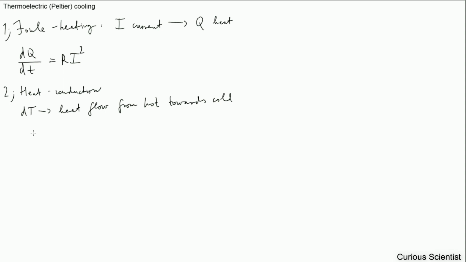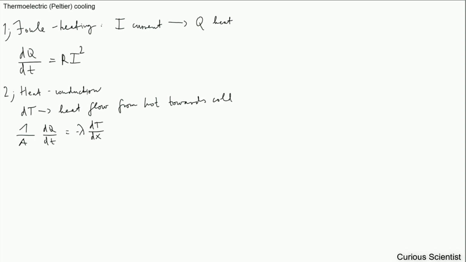If you have a surface area, because the heat is flowing through a unit surface area, then the change of the heat in a unit time is given by the heat conduction coefficient times dT over dx.